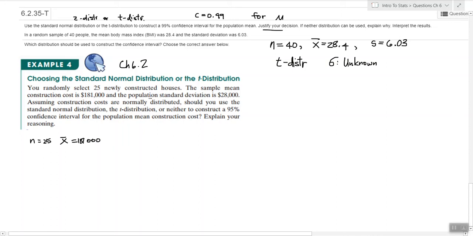And the population standard deviation is $28,000. So it says the words in there, and so on. But now it says, should you use the standard normal or the Z distribution? Because this is known. The population standard deviation is known. So you would use the Z distribution in this case and not the T distribution.